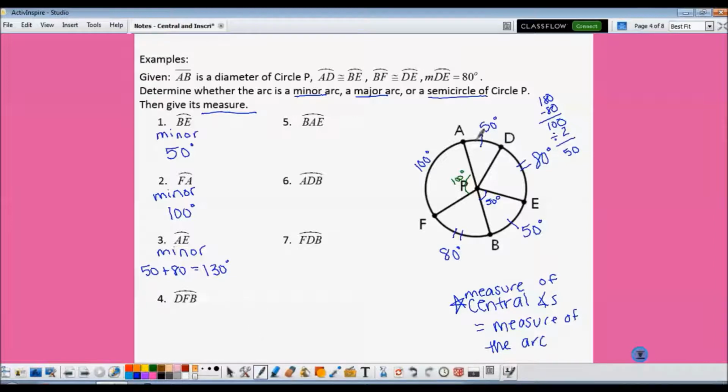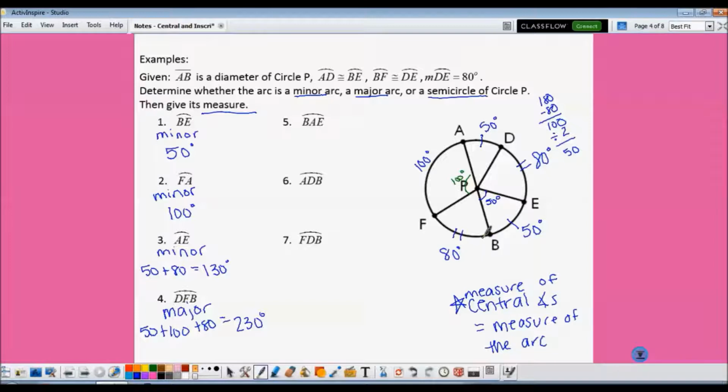From D to F to B. Yep, that's definitely more than halfway. So from D to F to B, which has these 3 pieces in here, 50 plus 100 plus 80 means that that arc is 230 degrees.